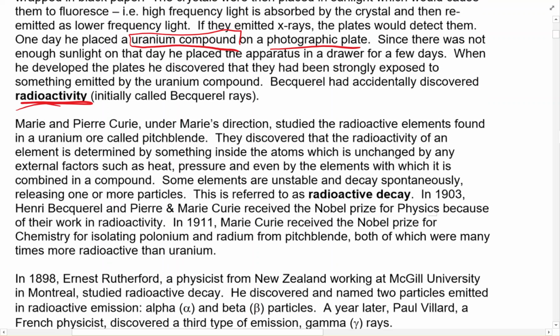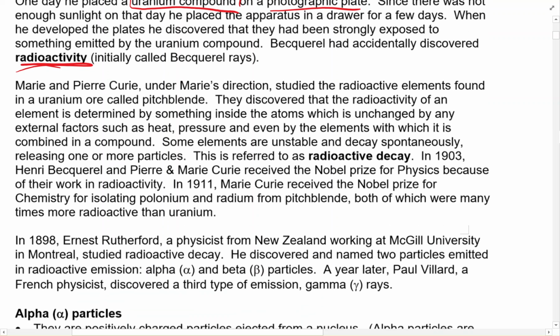All right, so what is this radioactivity? Next, two famous people: we've got Marie and Pierre Curie. Marie Curie is really the famous one that you'll hear about as being one of the people who discovered radioactivity.